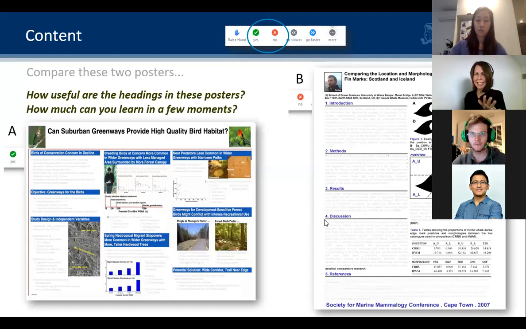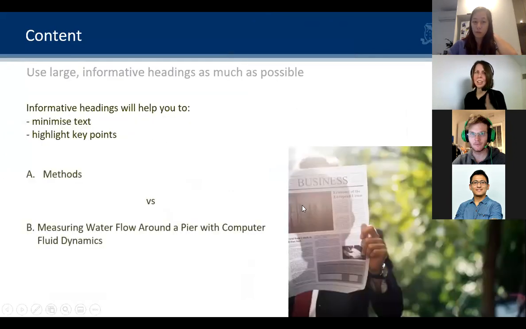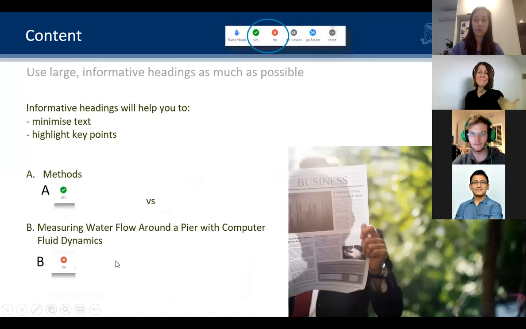Okay, so I think I'm getting the impression that there's something going on with these headings that you might want to consider. I won't get you to vote again, but consider: am I going to say methods, or am I going to say measuring water flow around a pier with computer fluid dynamics?